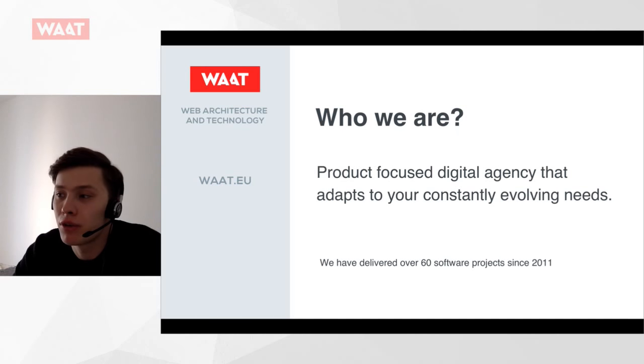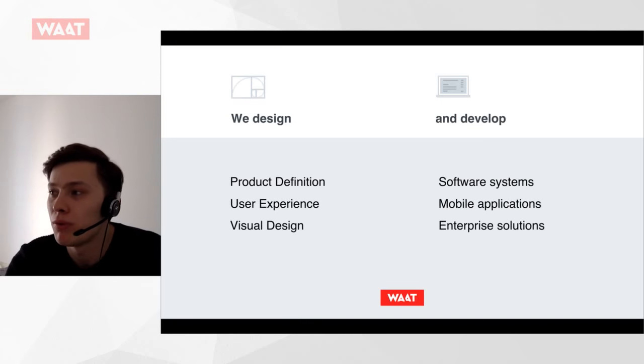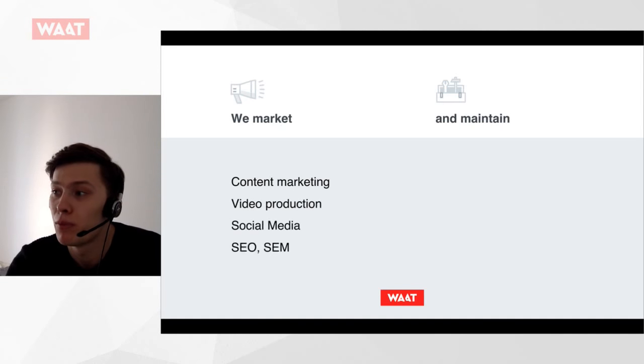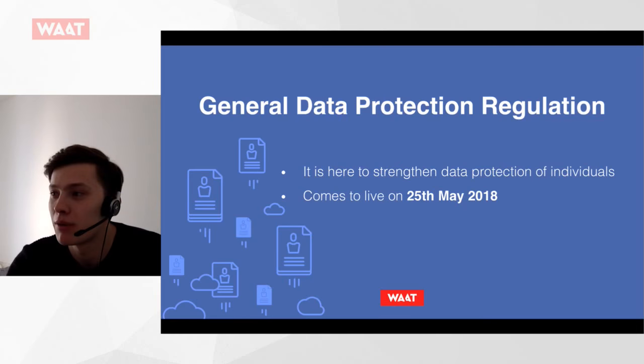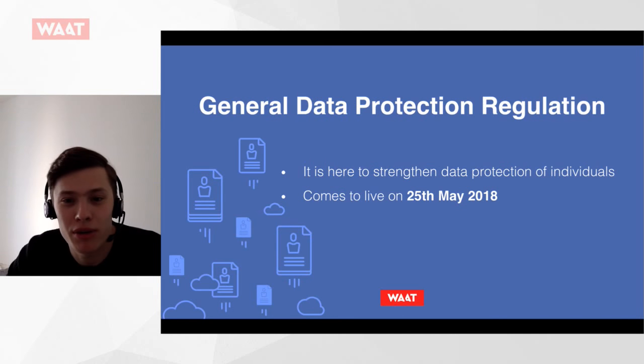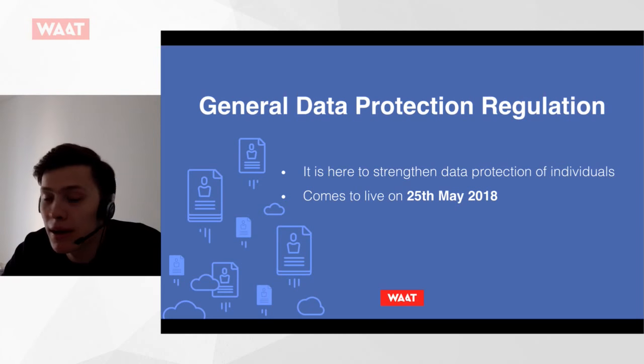We're in 9 different countries in Europe. So very briefly, what we do: we help you design, we help you develop, we help you with marketing, branding, and maintenance. And of course, we help you with general data protection regulation and its implementation in your company.